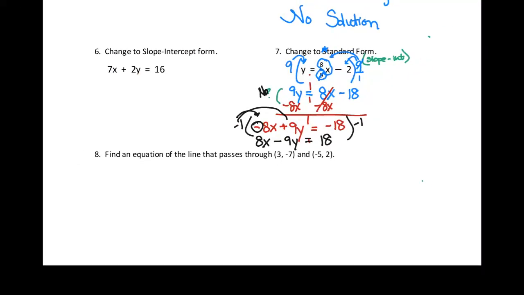We will give you the formulas. They are not written on the test, but I will have them up here on the Promethean board. We will not name them. It'll just have y equals mx plus b. It will have ax plus by equals c.